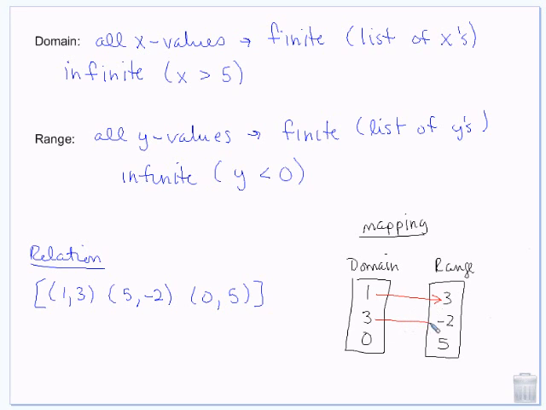The domain is the input, and this is the output. If there's some sort of magical relation box and I throw a 1 into it, I get a 3 out of it. If I throw a 3 into it, I get a -2 out of it, and if I throw a 0 into it, I get a 5 out of it. So the domain is what numbers you plug in, the range is what numbers you get out.